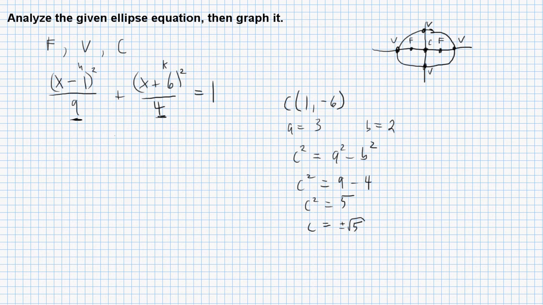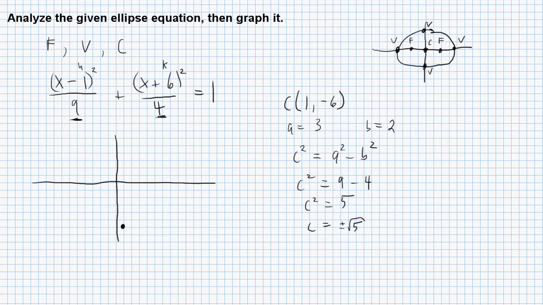Over here we can begin to make a picture and graph the information to see where everything is. First off, let's plot the center, which is right 1, down 1, 2, 3, 4, 5, 6. So the center is there at 1, negative 6.